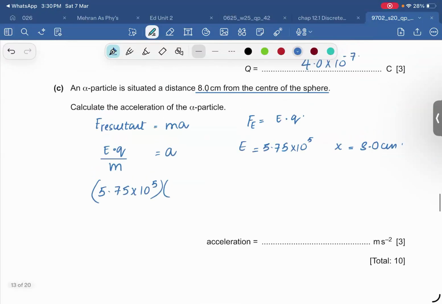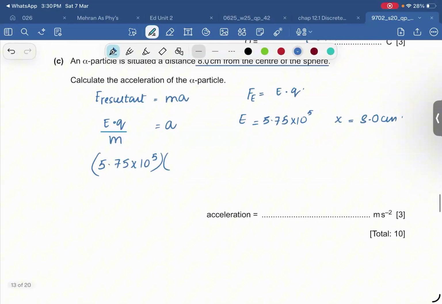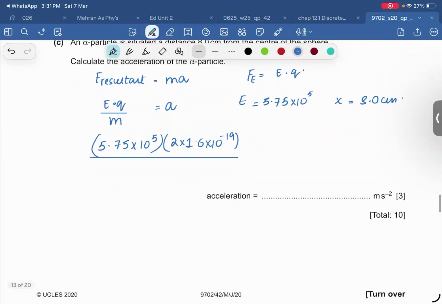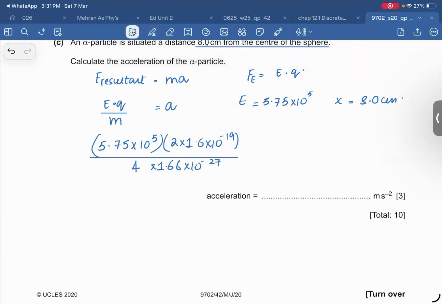The alpha particle has 2 plus of charge, so 2 times 1.6 exponent negative 19, this is the charge divided by the mass. The alpha particle has 4 unified atomic mass, 4 into 1.66 exponent negative 27. So please calculate the value.